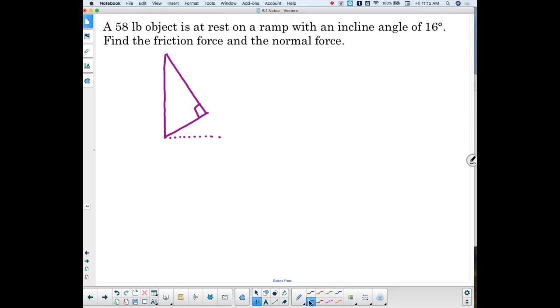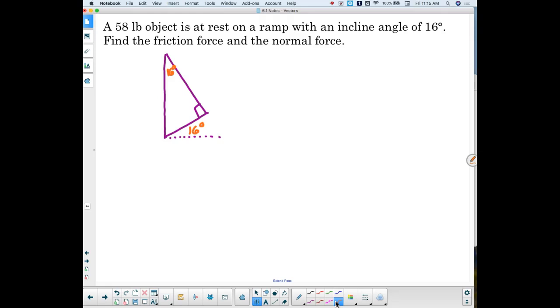My inclined angle is 16 degrees, which makes that angle in my triangle 16 degrees. Gravity is the weight that's holding you down.